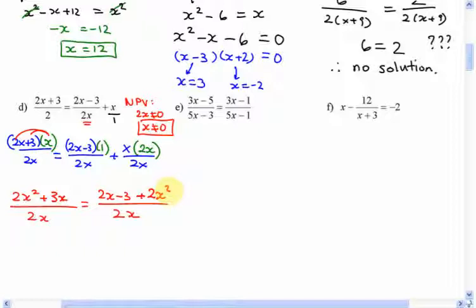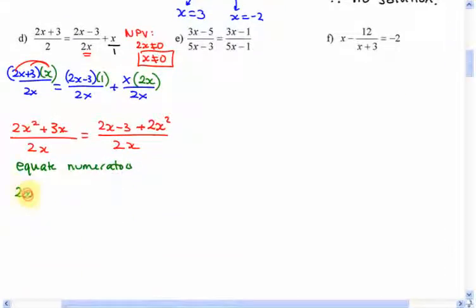Okay, and once we get to this step where we have the denominators being the same, I told you last day we can now just go ahead and equate the numerators. So let's just make the numerators the same. And let's go ahead and solve. And I think for this one, it's nice because we actually don't have to solve a quadratic. Can you see how the 2x squared on the left and the 2x squared on the right just disappear?